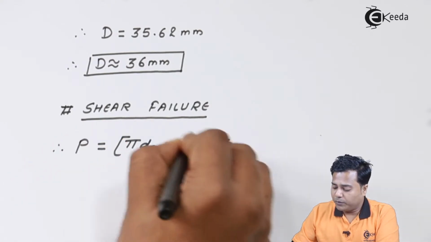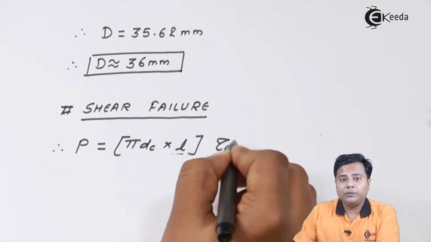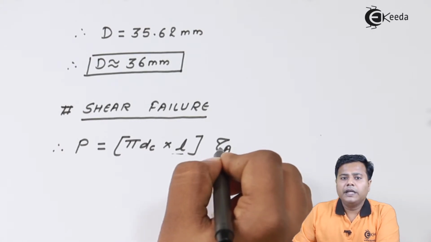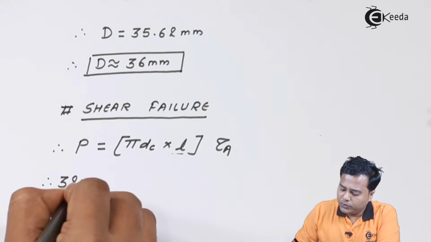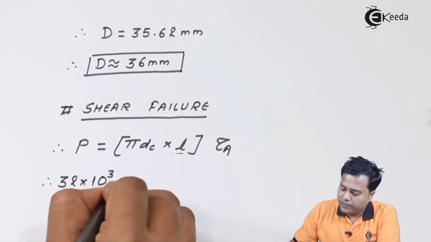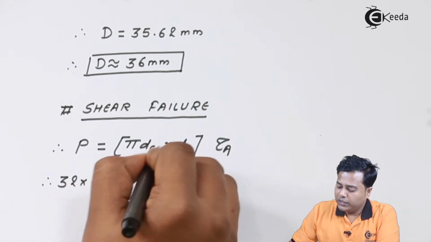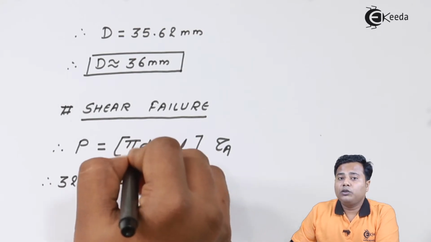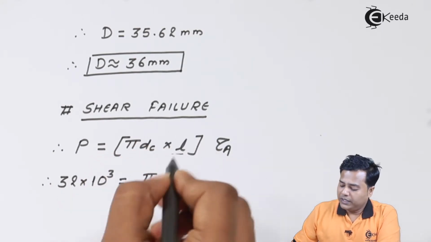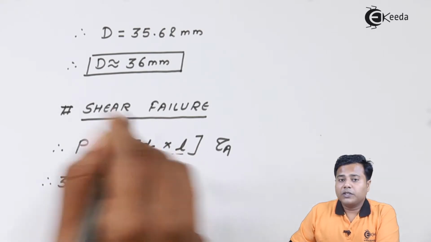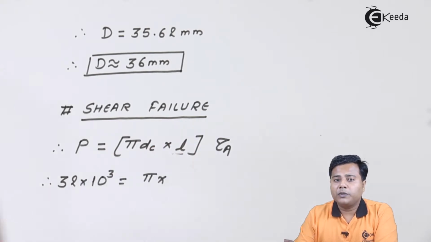We'll substitute in this formula and we'll see whether the value of shear stress that comes out to be is safe or not. And therefore, substituting the value, 32 into 10 raised to 3 equals pi into dc. Now dc is nothing but the core diameter, because that is what we are going to consider for shear failure, because that is the most delicate part of this particular nut and bolt assembly.